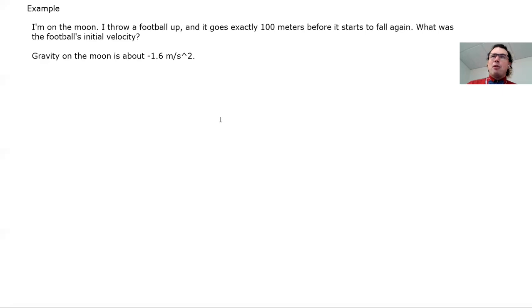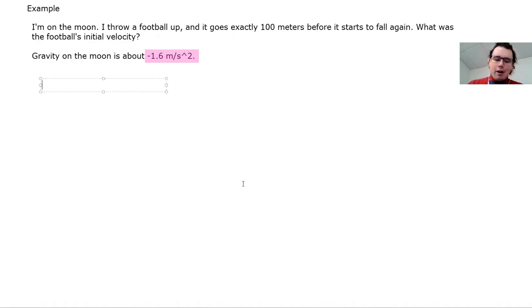Well, not up in the air, but you know what I mean. And I'm going to use this information along with having an approximation for the force of moon gravity in order to figure out how fast I threw that football.